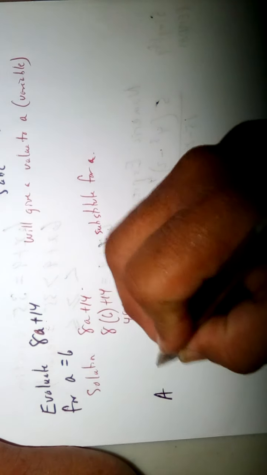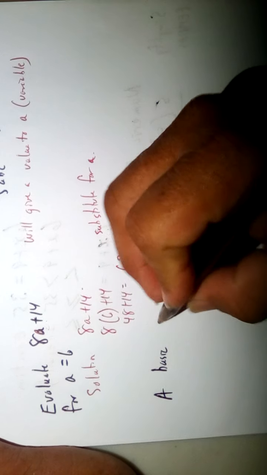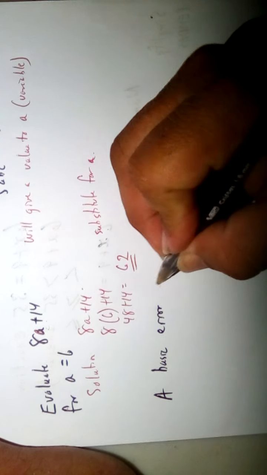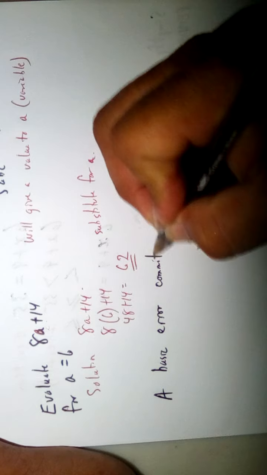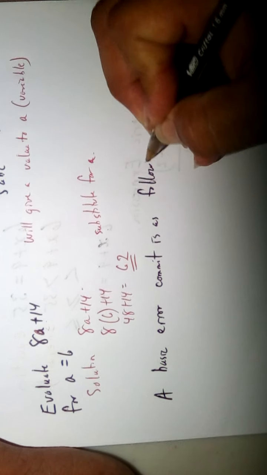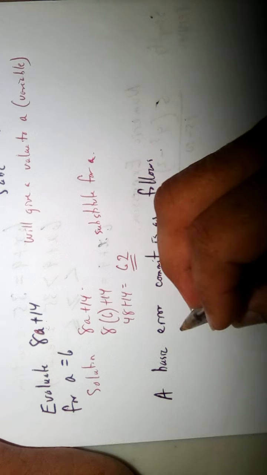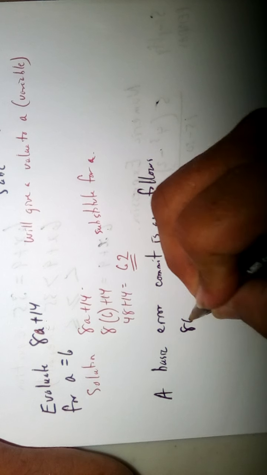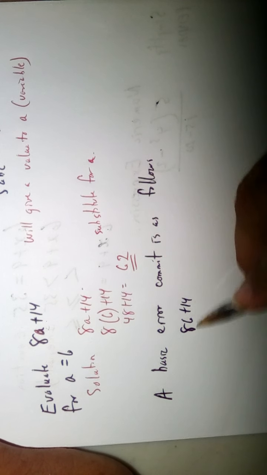So I'm going to write here a basic error committed is as follows, especially if you don't use your parentheses. Because I have said a is equals to 6, some people would put 6 plus 14. Now this is completely different from this.